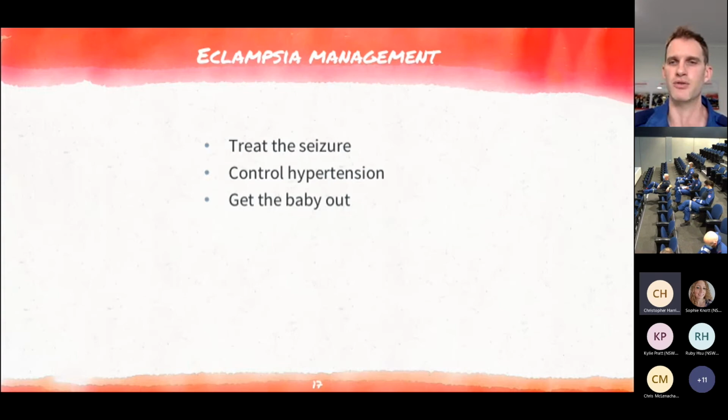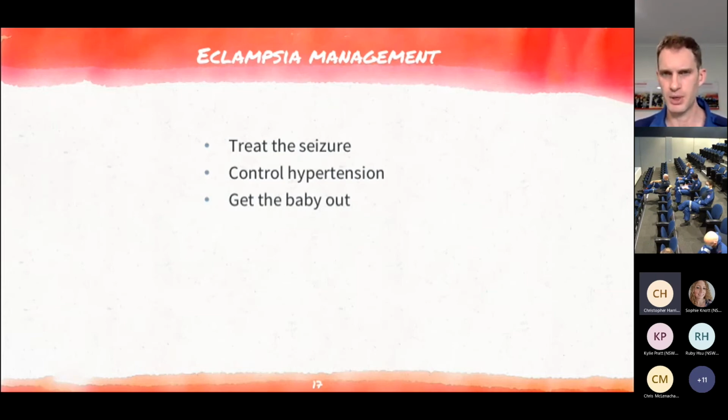It's 4 grams over 15 minutes, then a 1 gram per hour infusion. If we're retrieving these patients, they may already be on their infusion for a number of hours, so it's important for us to monitor for signs of magnesium toxicity. That's looking at reflexes for hyporeflexia, respiratory rate and blood pressure, and we may need to adjust based on those things.